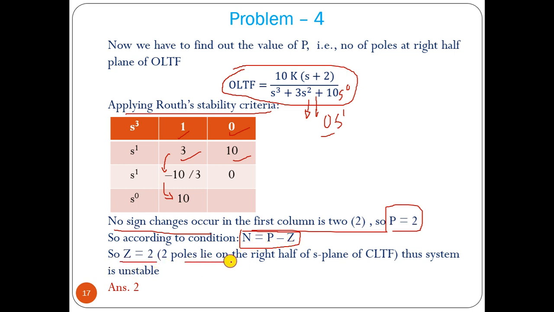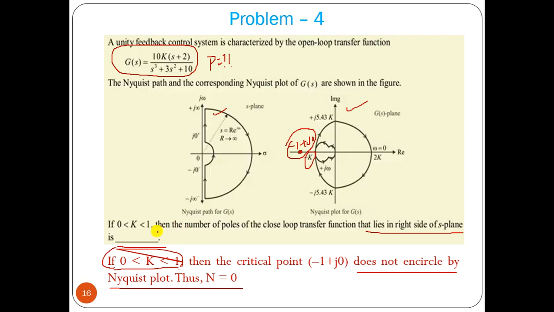That means two poles lie on the right half plane of the closed loop transfer function, and the system is unstable. So in that question, the number of poles of the closed loop transfer function that lie in the right side of the S plane is 2. That is the answer.